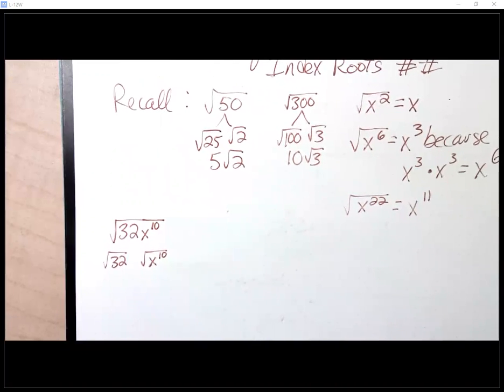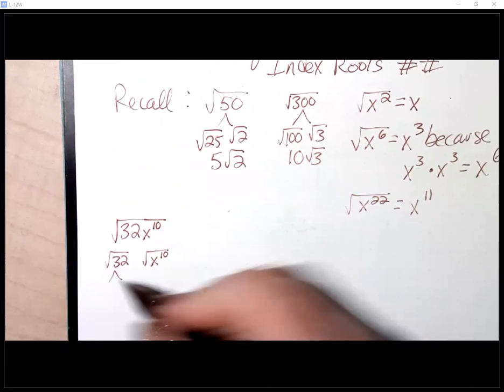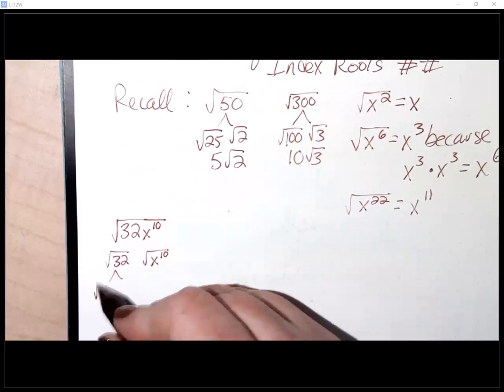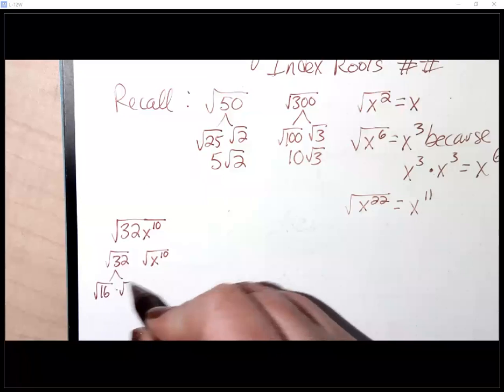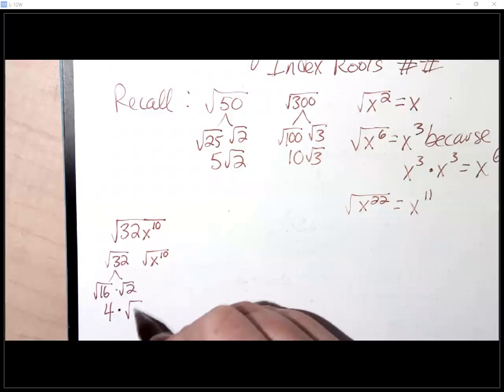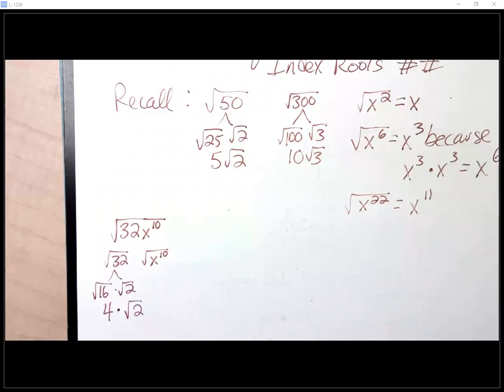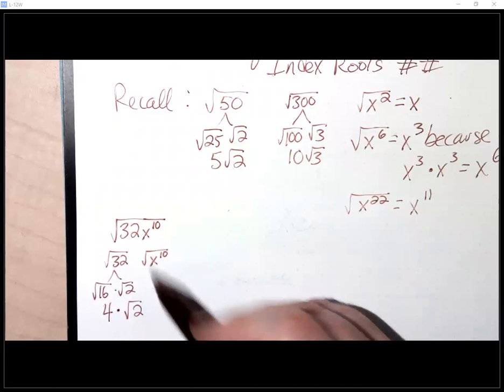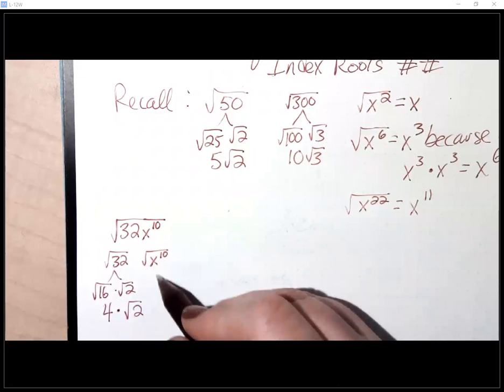What's the biggest perfect square that goes into 32? 16. So that would be the square root of 16 times the square root of 2. So for that chunk, I get 4 times the square root of 2. Everybody okay so far? What would the square root of x to the 10th be? x to the 5th, right? So that just becomes x to the 5th.